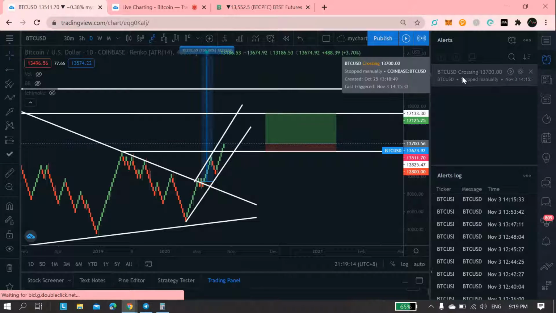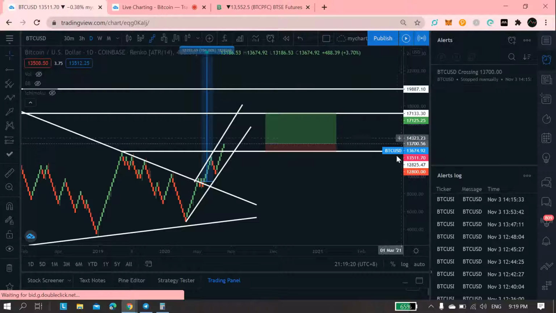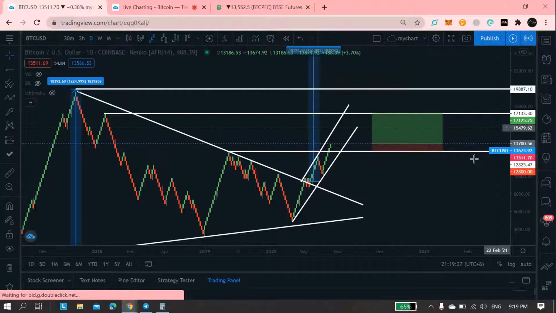However, I have an alert at 13,700, because this is the blue line. This is actually the resistance I'm looking at using this Renko chart. And if this triggers my alert, I will add another position.